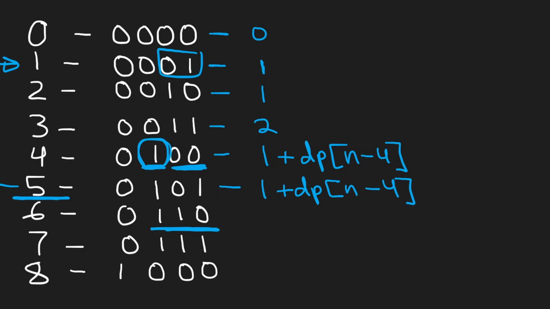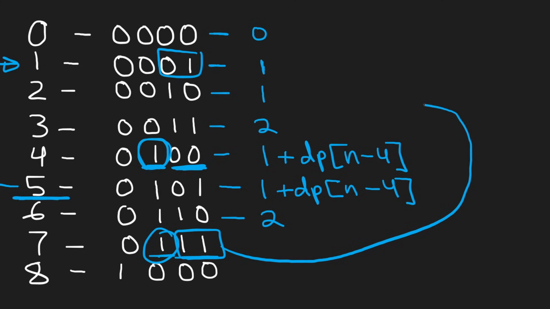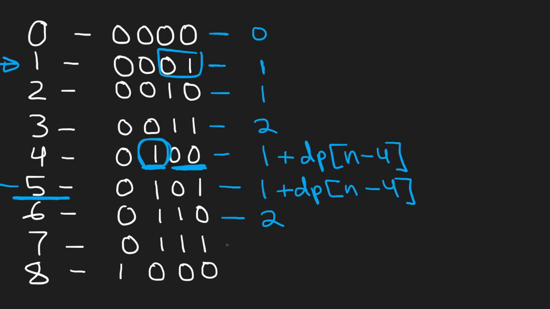And similarly for here, we would say 1, which is coming from here, plus the number of 1s in this binary representation, which we know we already computed up over here. And the answer to that was 1. So in this position, really there's going to be 2 1s in this binary representation. Now over here, once again, we know that there's at least 1 from here, plus how many were in this binary representation. We computed that at position 3, which again is offset by 4. So this is going to be 1 plus 2, which is going to be 3.